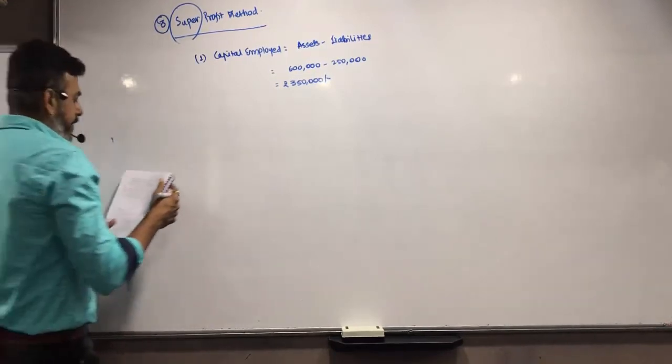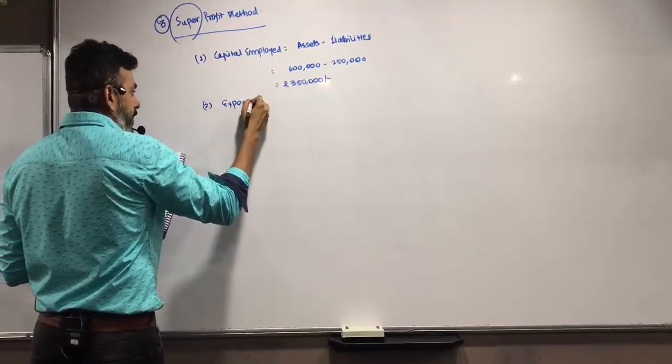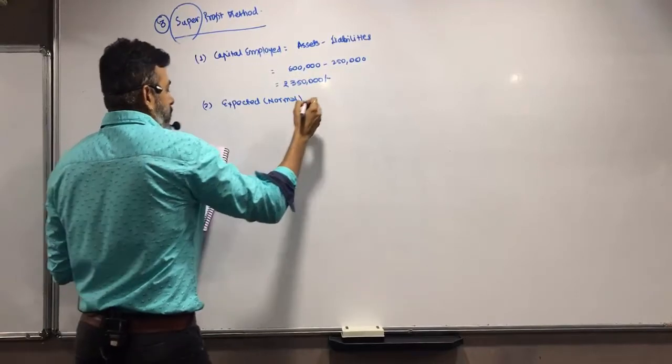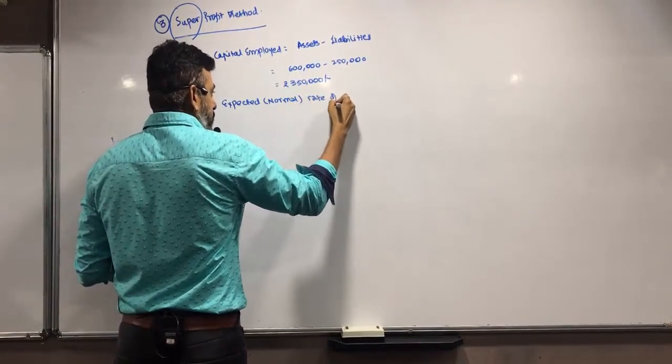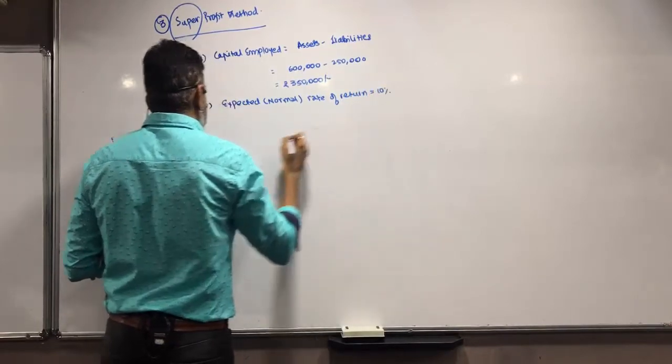Now, second is expected. What is expected? Expected is normal. Expected rate of return is equal to 10%.